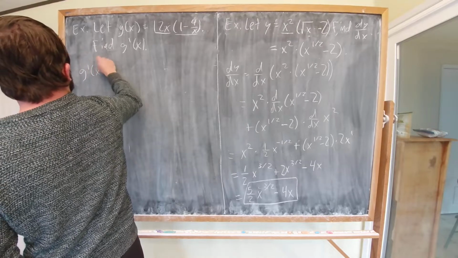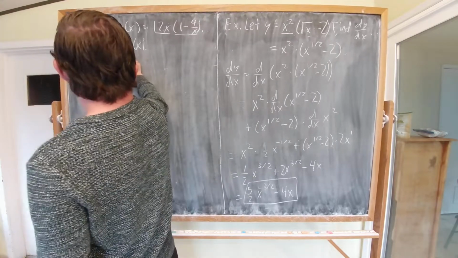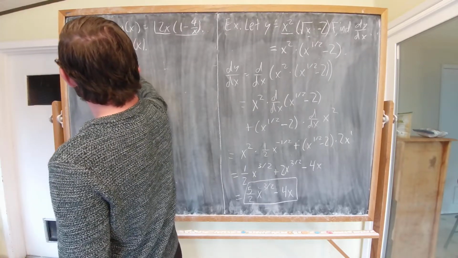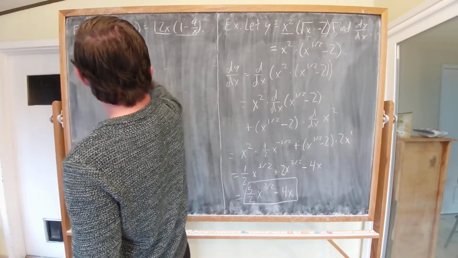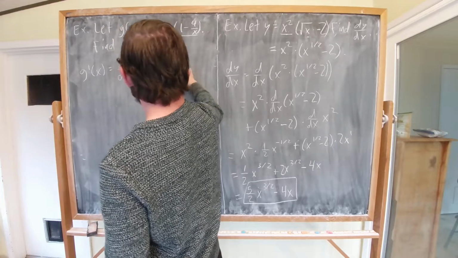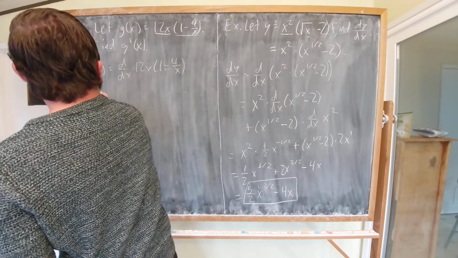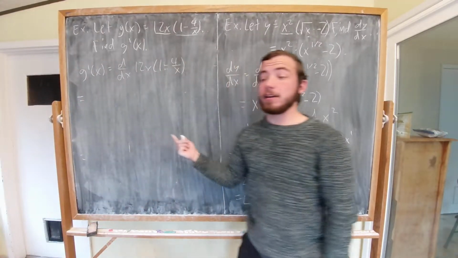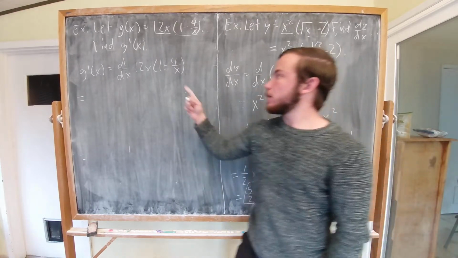g prime of x is equal to the derivative with respect to x of 12x times 1 minus 4 over x, by definition, which is applying the product rule.